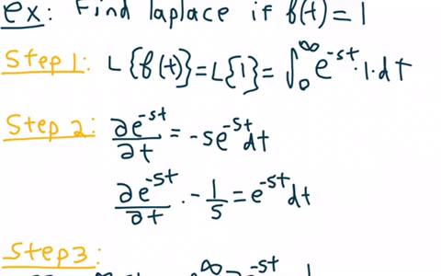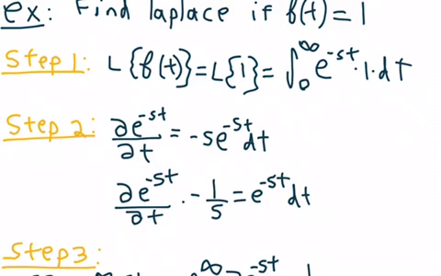And we get d of e to the minus st over d t times minus 1 over s, and that's equal to e to the minus st dt. Notice how what we found over here is the same as what we have over here in step 1. So now the final answer in step 2 is going to be equal to what we were trying to integrate in step 1.